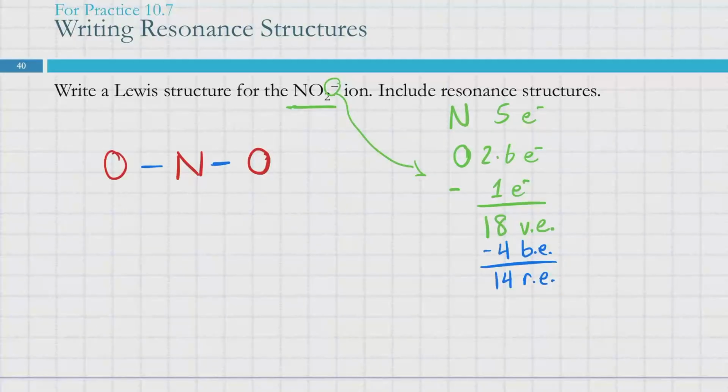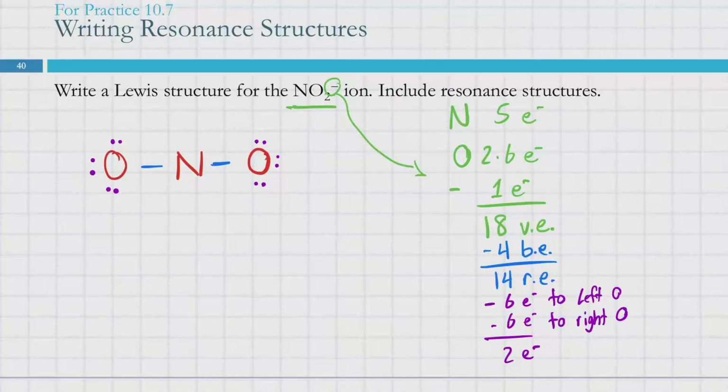We can distribute those electrons, and we want to start from the outside, so the oxygens, and work our way inside to the nitrogen. We can place 6 electrons on each oxygen. So we put 6 electrons on the left oxygen and 6 electrons on the right oxygen.